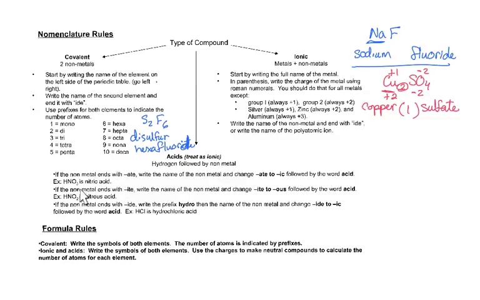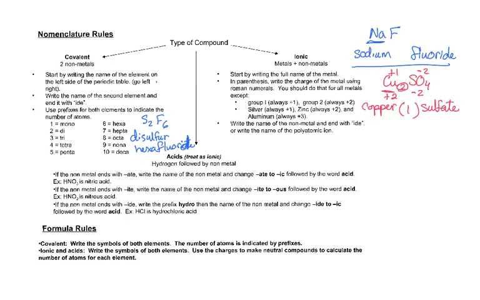If the nonmetal ends with ite, then you write the name of the nonmetal, but change the ite to ous, followed by the word acid. So this is nitrite, it becomes nitrous acid. If the nonmetal ends with ide, you write the prefix hydro, then the name of the nonmetal, and change ide to ic, followed by the word acid. So HCl, this is chloride, so it becomes hydrochloric acid.